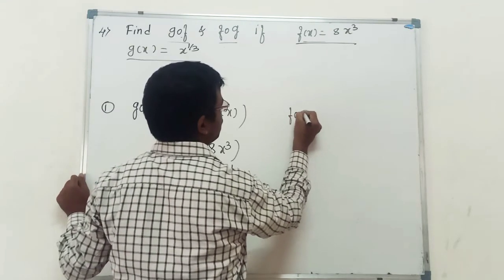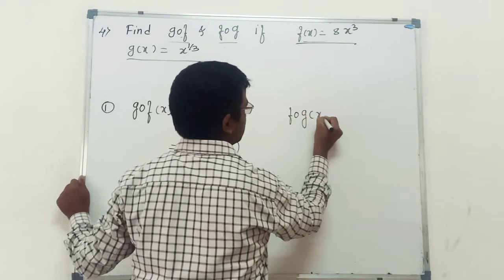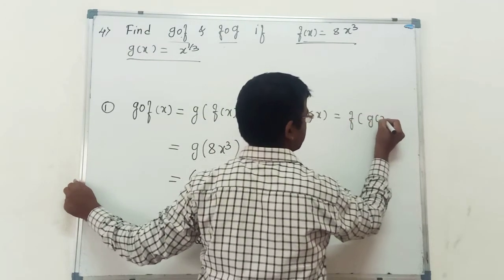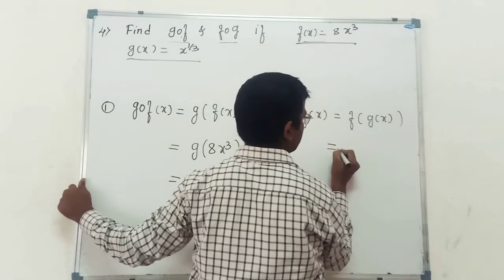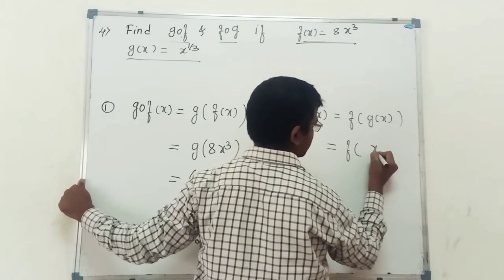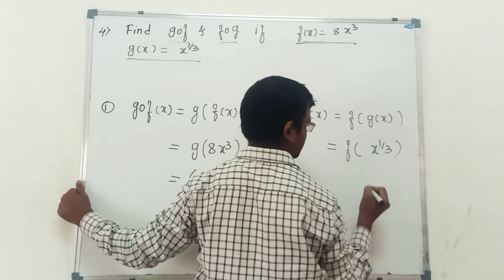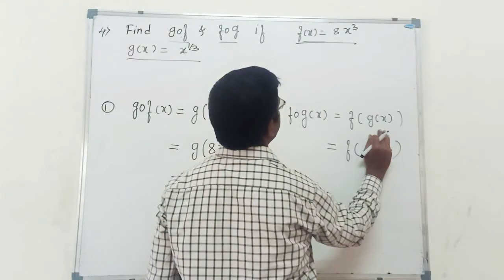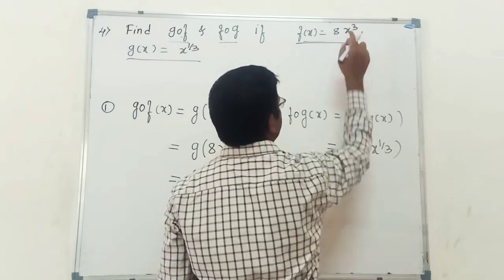Next we come to the second one. F composition g of x is equal to f of g of x. So what is the f of g of x? G of x is given, that is x raised to 1 by 3. So where there is x in f of x, what is the f of x here? 8x cube.